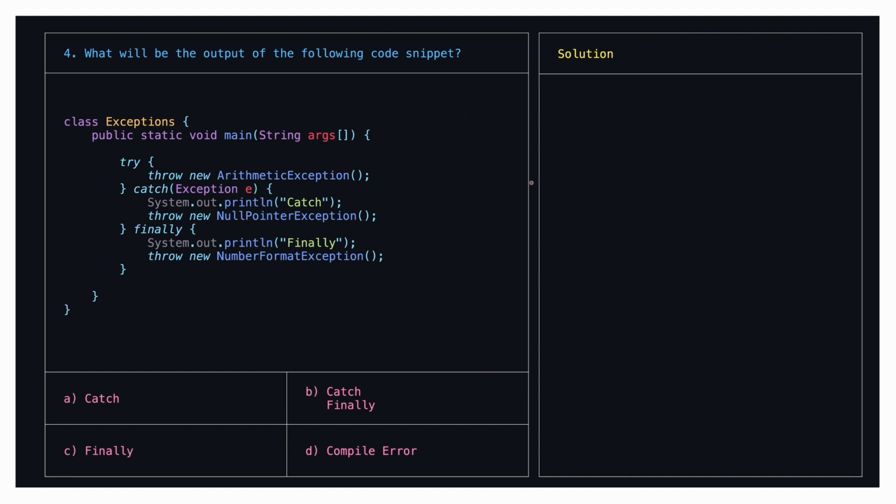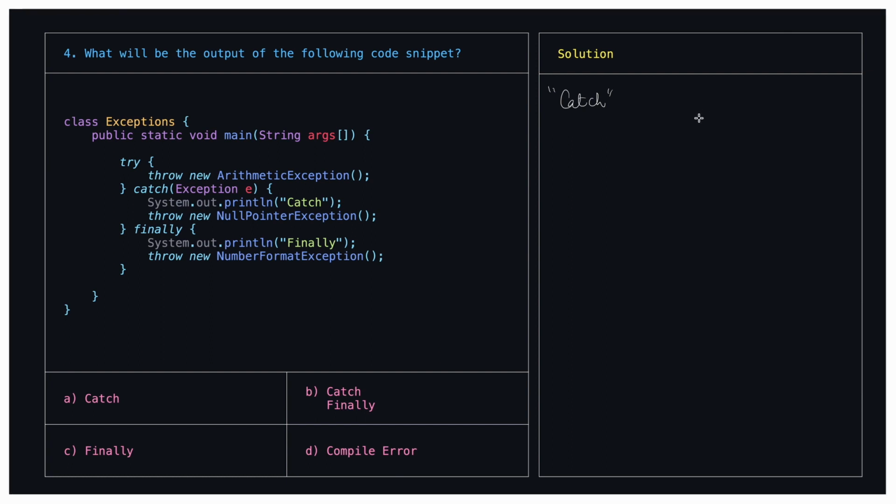Okay, if you remember, in the previous video I said that the exception has to be handled once for a try block. That doesn't mean that every exception thrown has to be caught.